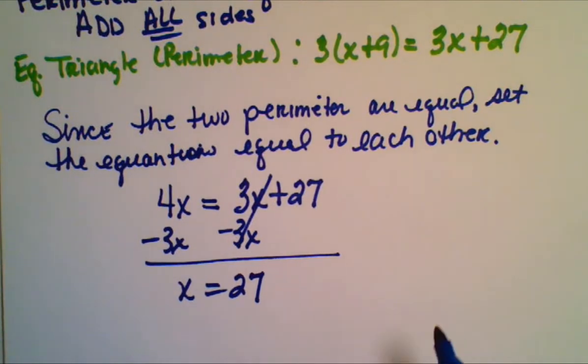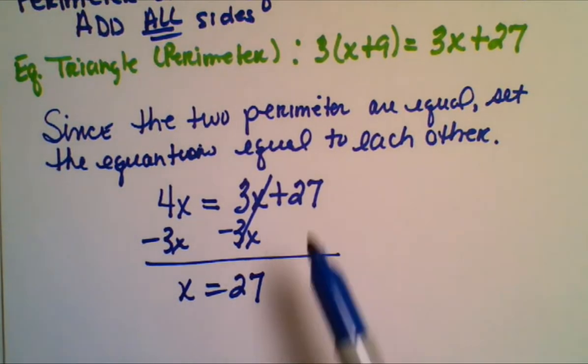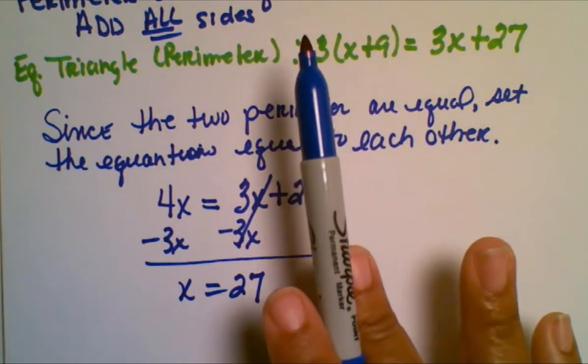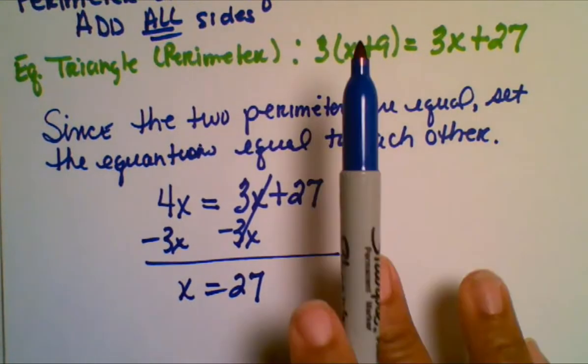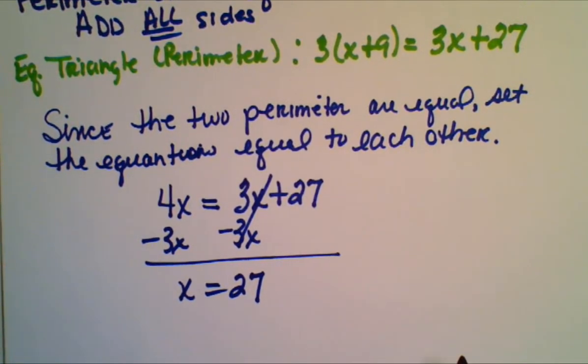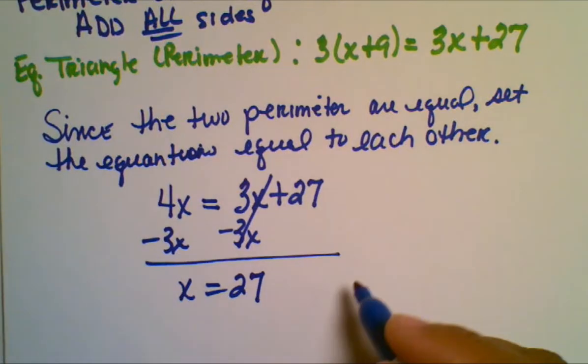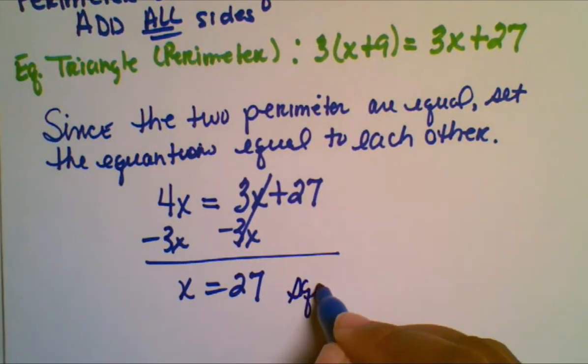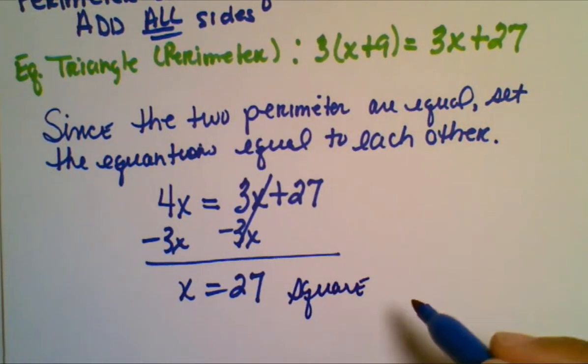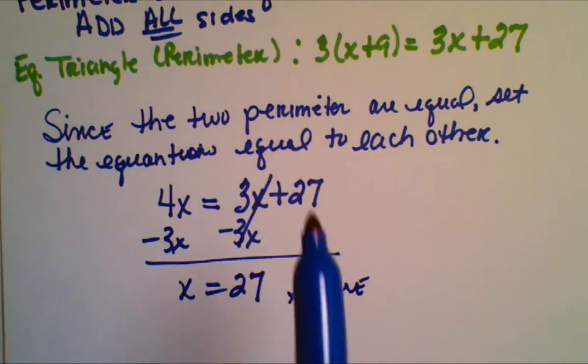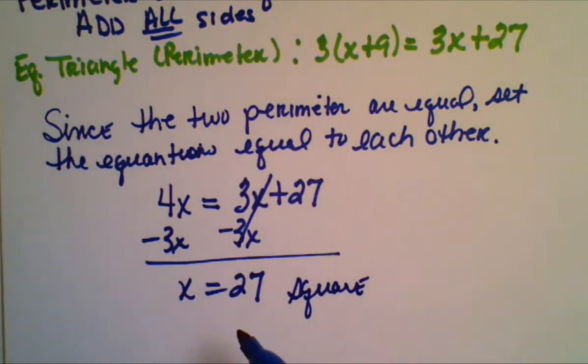What do you think that will be? So what is 27 meters? Is it the triangle or is it the square? So this means that one side of the square is 27 meters.